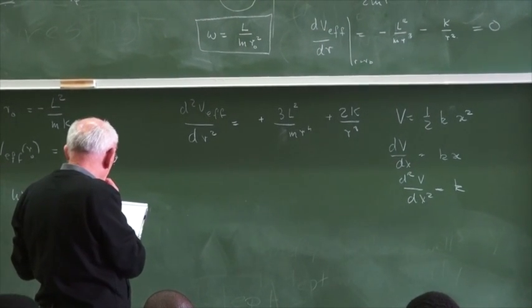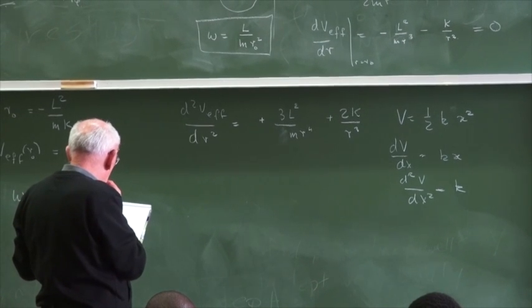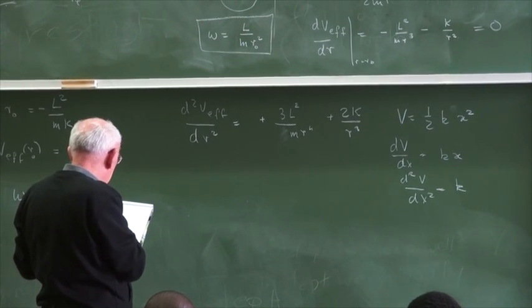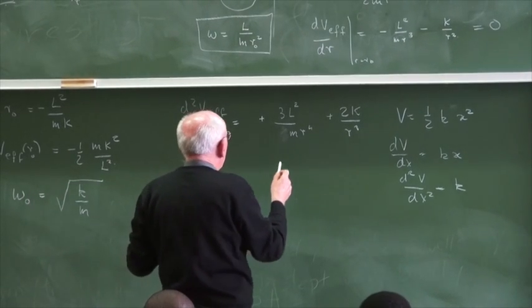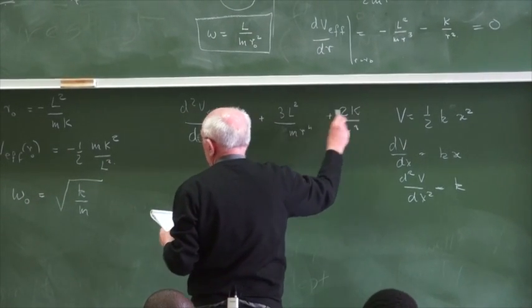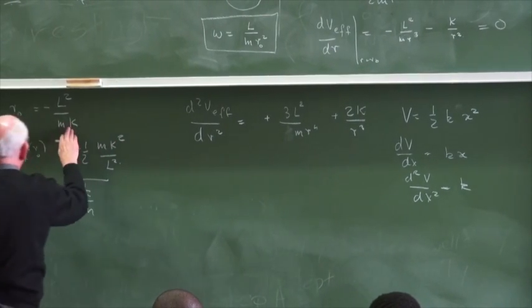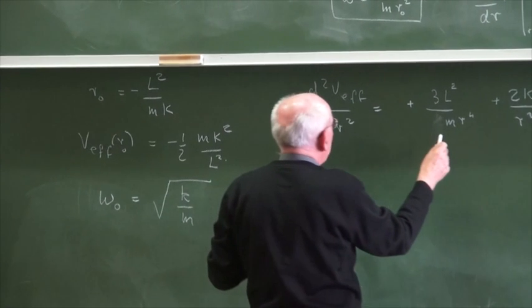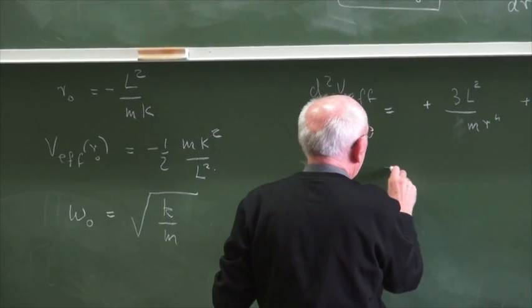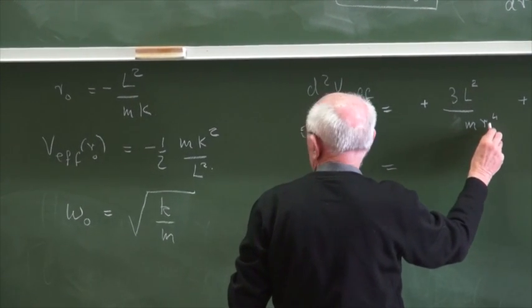So we can now use the result that we know, what is R0. We can put that in here. So we want to calculate this at R is equal to R0.